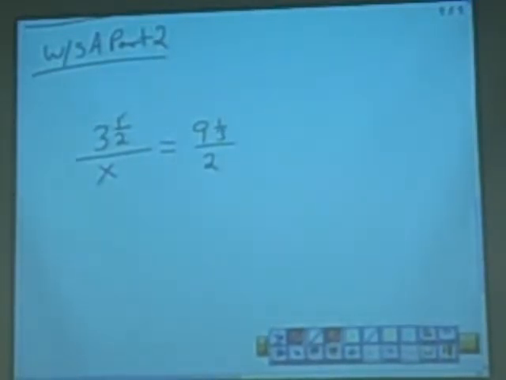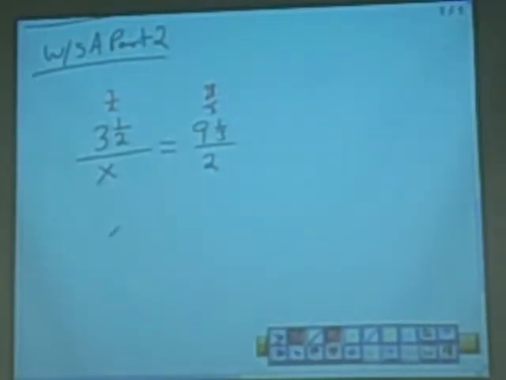So 3 times 2 is 6, plus 1 is 7, so that's 7 over 2. And 9 times 3 is 27, plus 1 is 28. So that'll be 28 over 3.